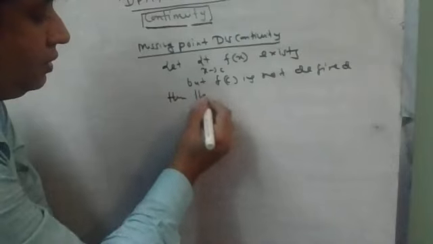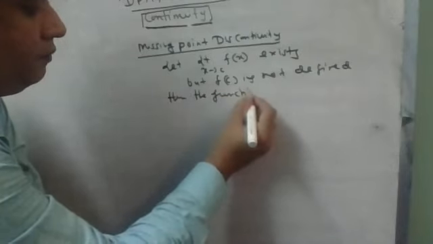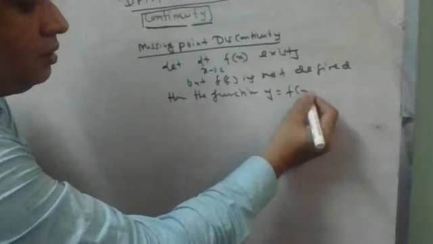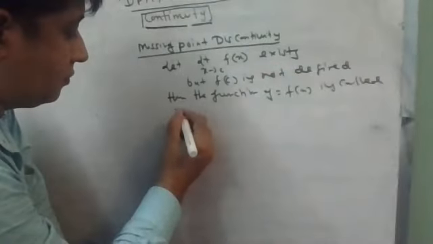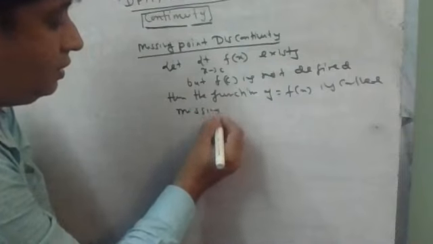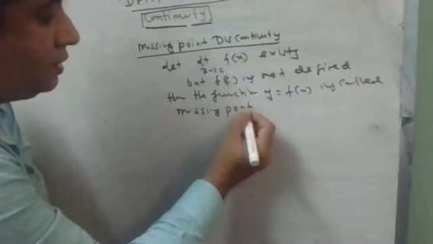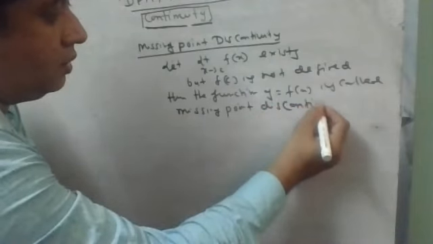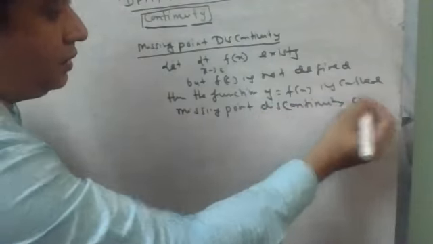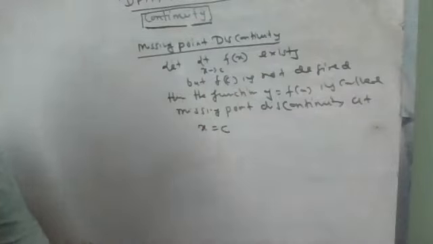Then the function y is equal to f(x) is called missing point discontinuity at x is equal to c.